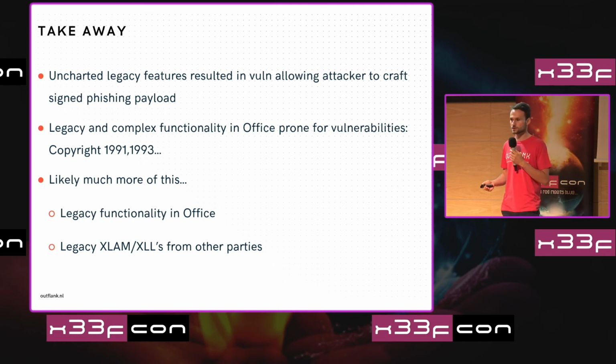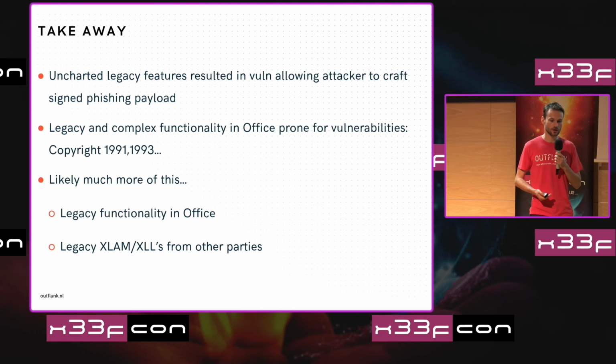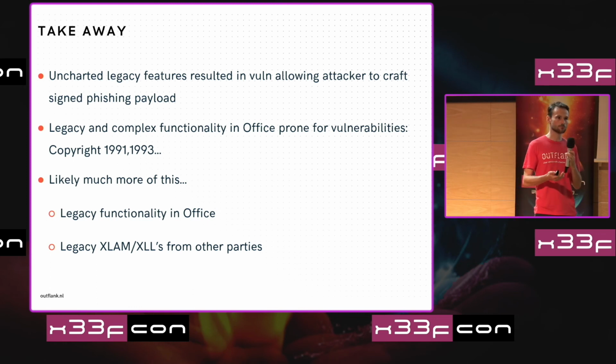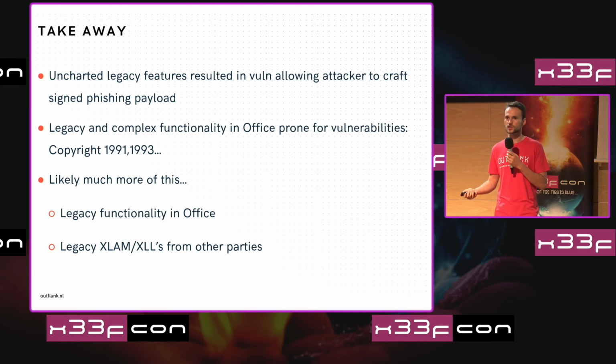It would work against almost any Windows machine with Office installed, and it worked by injecting code into parts of the document which weren't signed, so without invalidating a signature. This vulnerability was there more than 10 years, and we believe that there's many more of these kind of signed documents or other legacy features out there that are vulnerable.